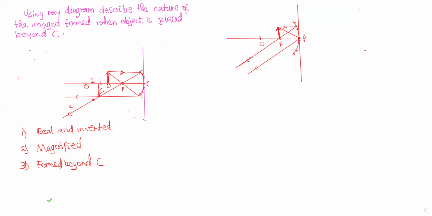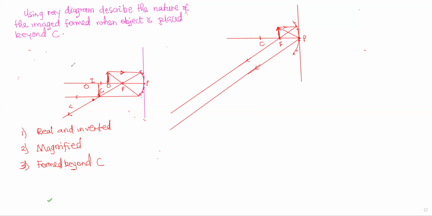They will meet at a very far distance. They will meet at infinity. Why would they meet at infinity? Because the reflected rays are parallel to one another. Infinity is a very far distance.